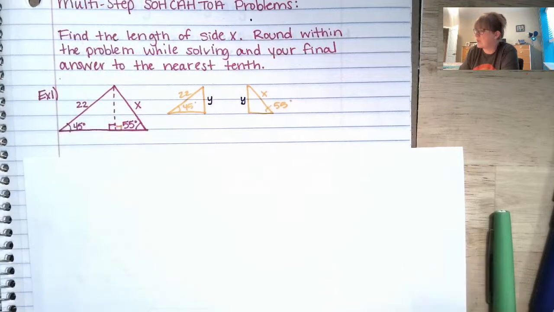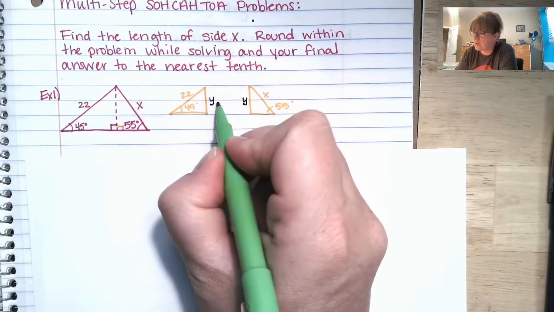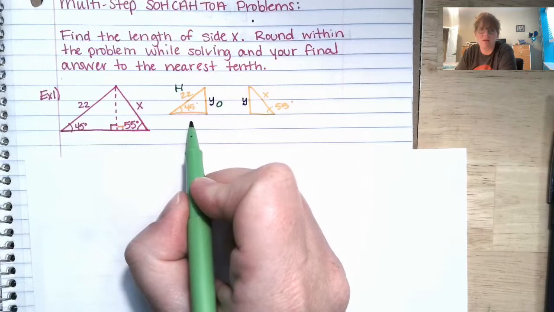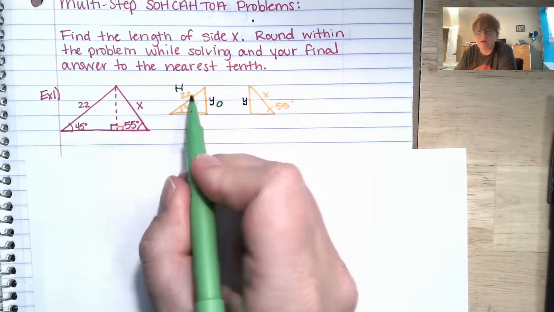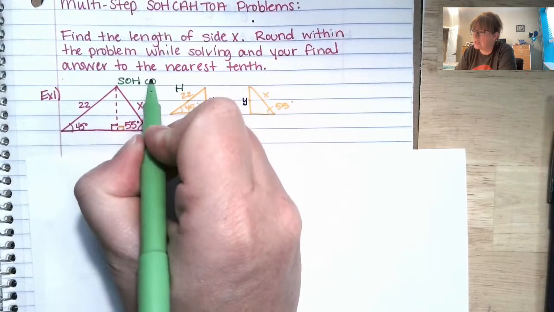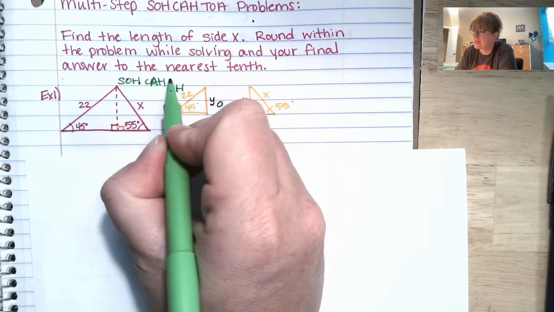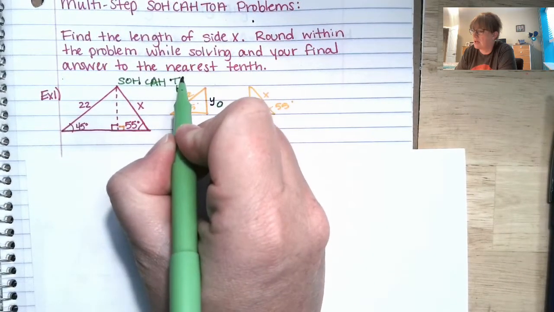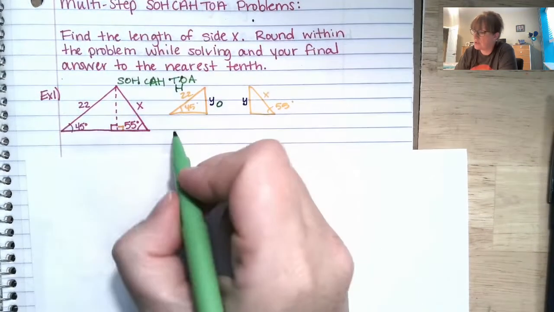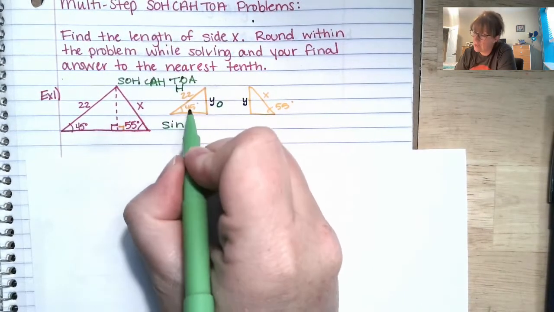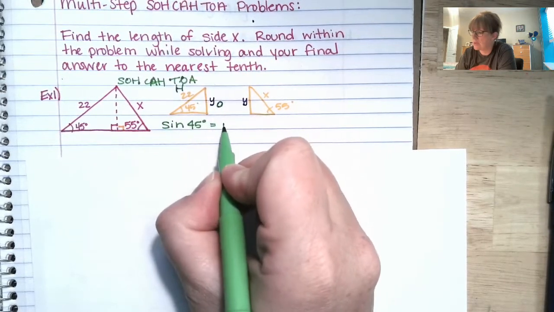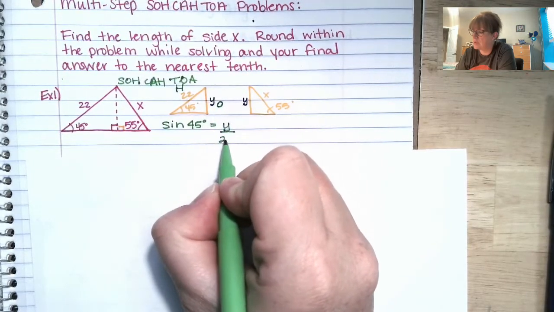Let's label these with A's, H's and O's like we always do. That would be an O, that would be an H, this is A, which we don't care about. Which one of sine, cosine, or tangent has O and H to work with? That would be sine. So we're going to do sine of 45 degrees equals O, which we don't know, over H, which we do know is 22.